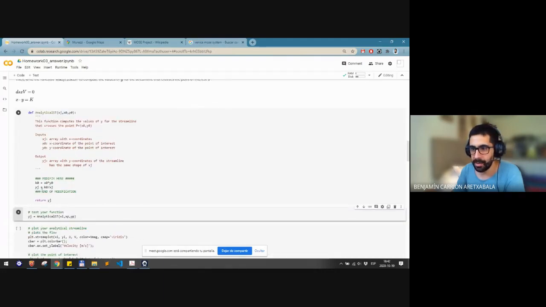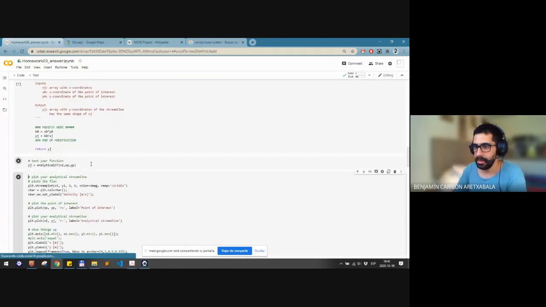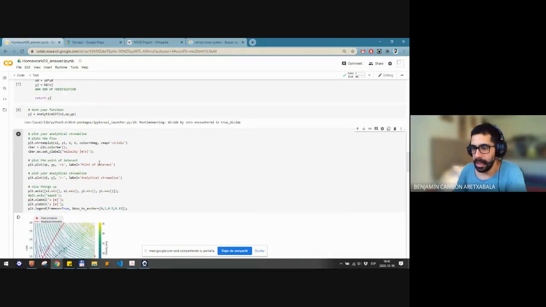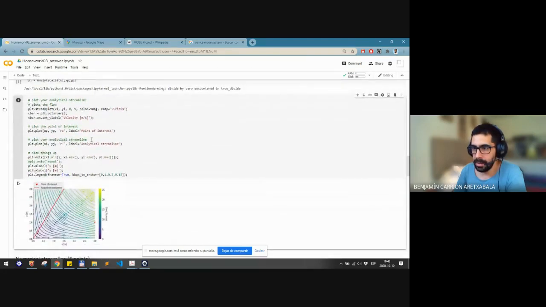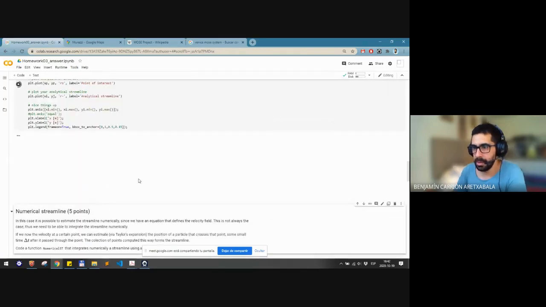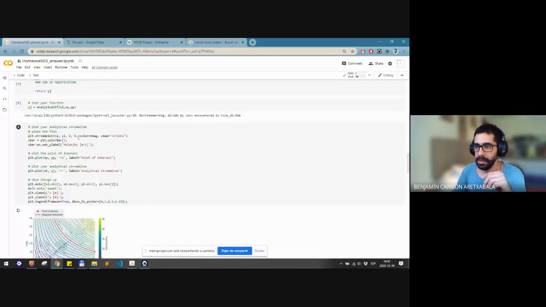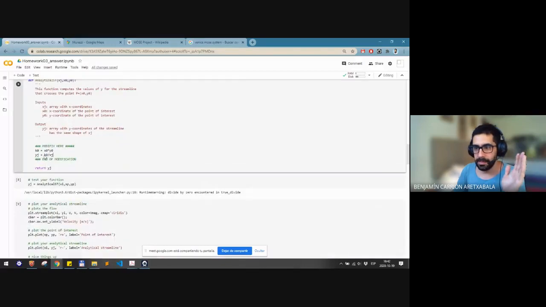Is this clear, or is it not clear enough? I'm going to assume it was clear. And if you do that, and then you plot it here, you should see the streamline going through, just over the streamlines. Okay, so that was the analytical part, more or less straightforward.